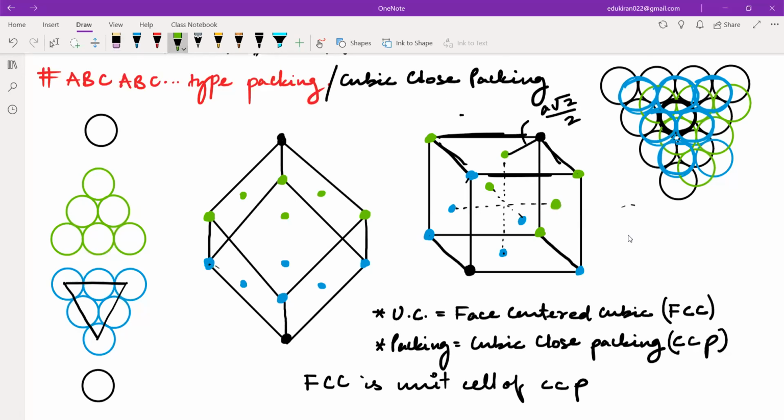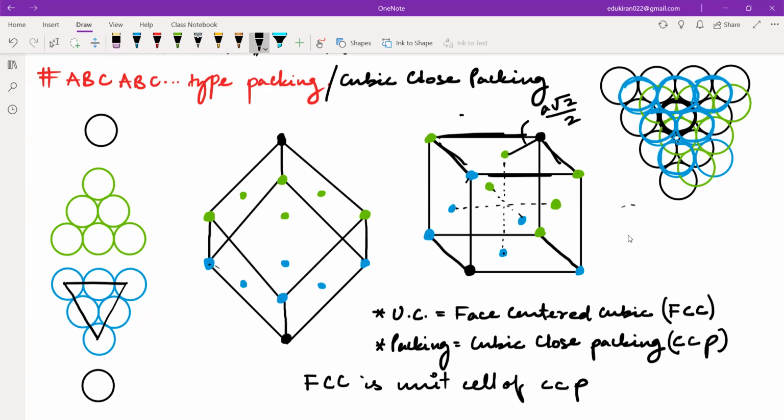Now we only have to prove that the distance between these two atoms, that means the ceiling center and the wall center, is also a root 2 by 2. How will I prove that? Whenever you have to calculate the distance between two points, we will use the Pythagoras theorem.